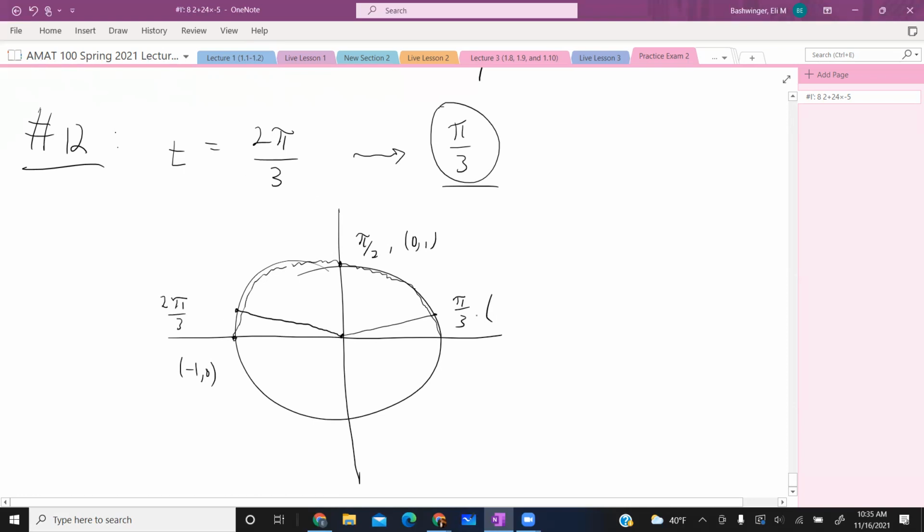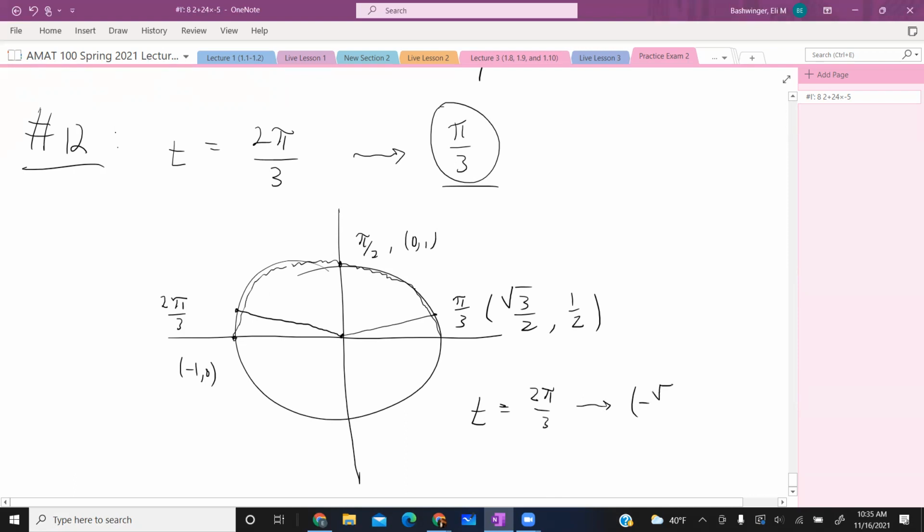Now the coordinates of this point are √3 over 2, 1/2. So the coordinates corresponding to this particular t value, well, in the second quadrant, x coordinates are negative, but the y coordinates are positive.